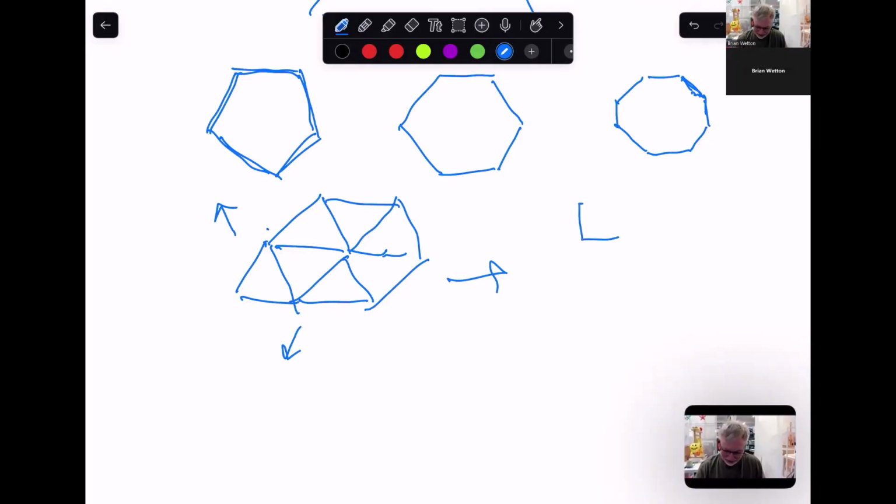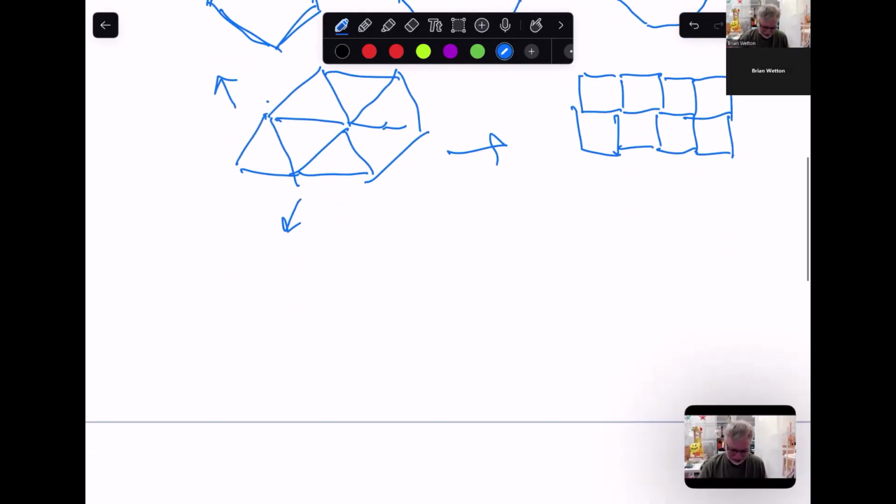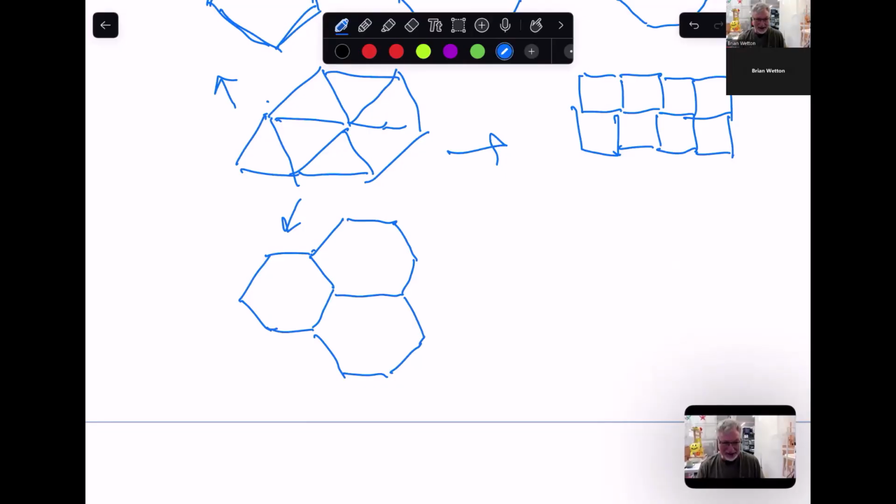You can also, of course, do the same thing with squares. And you can also do it with hexagons. Okay, my hexagons are a little woozy, but now you can see a honeycomb pattern. You can also cover the plane without any space left open with just that shape.